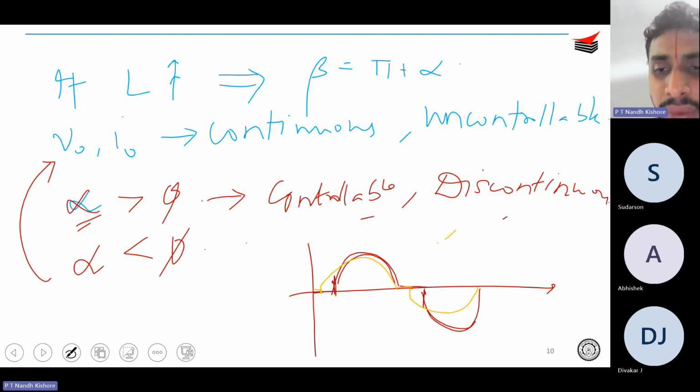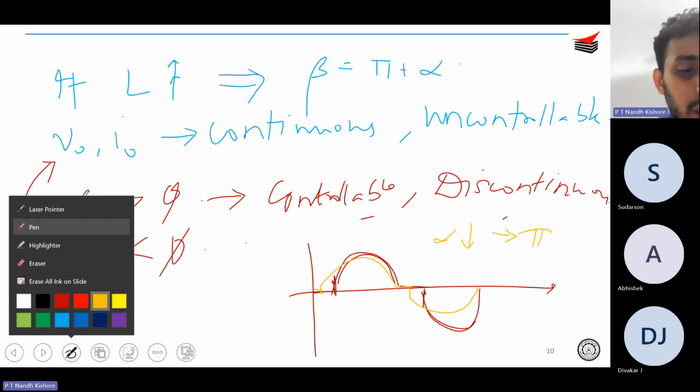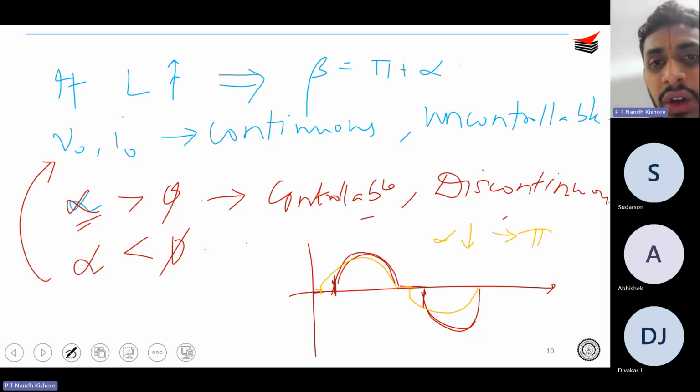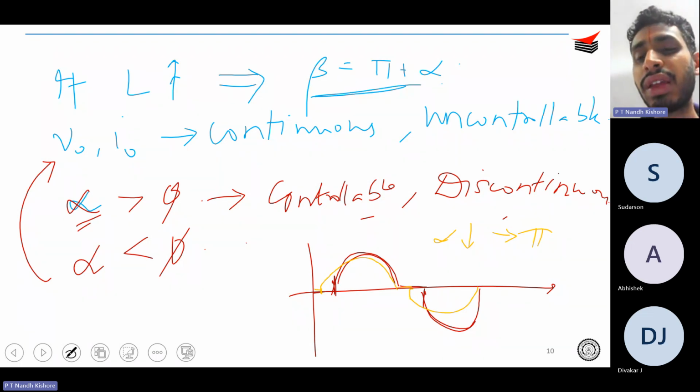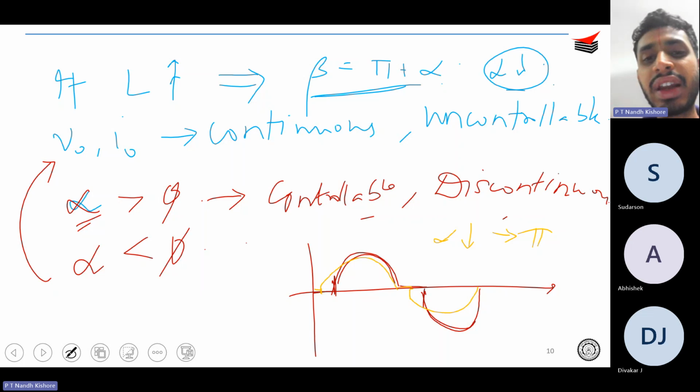So if your alpha is lesser and lesser, then it becomes closer to pi, or the difference between pi minus alpha goes on decreasing. So there is a greater chance that your beta becomes equal to pi plus alpha. If alpha is very less, there's a greater chance that your beta will inch closer to pi plus alpha, so your converter may go into continuous or uncontrollable mode.